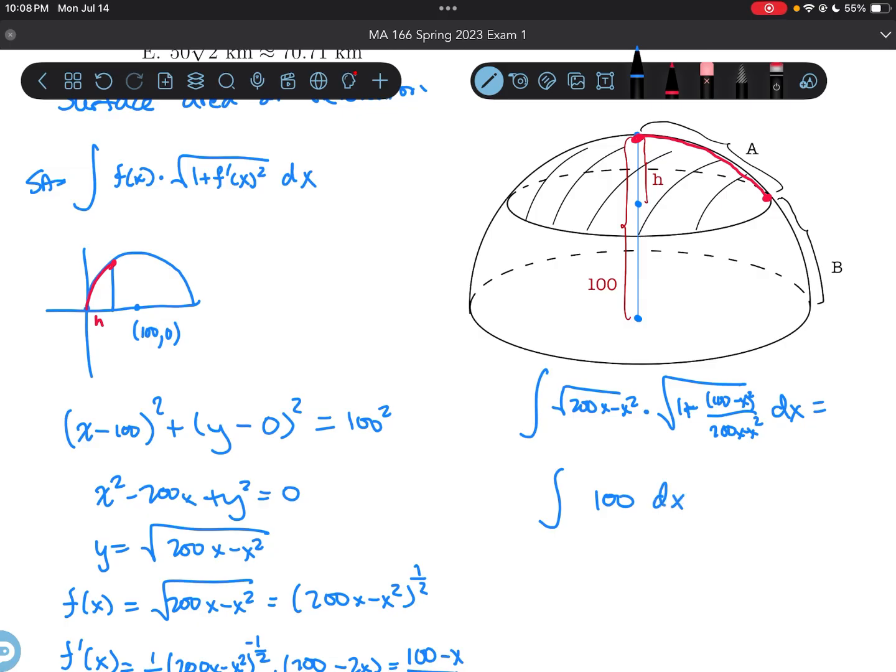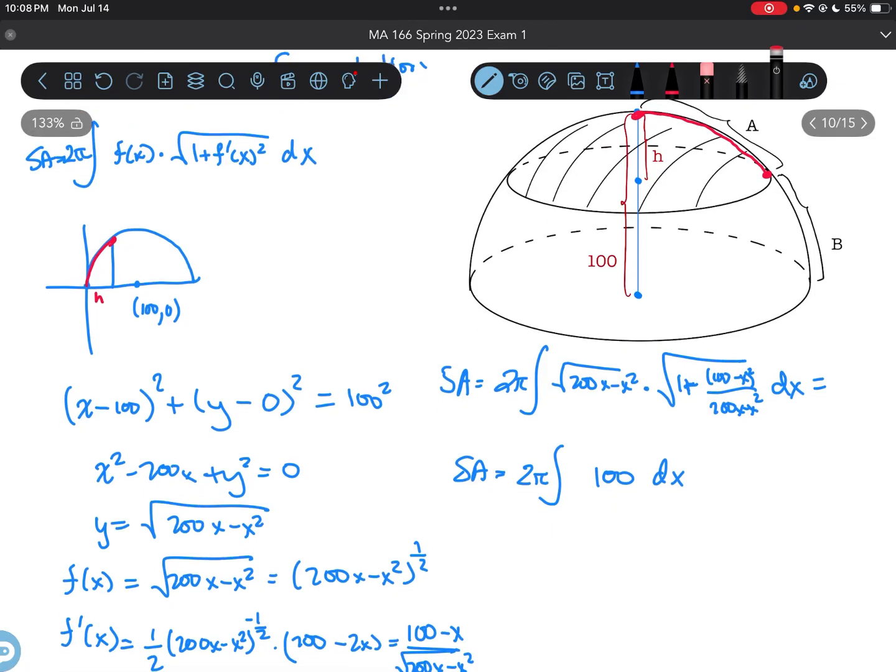And I actually made a small mistake. The formula for surface area is all of this times 2 pi, so I need a 2 pi in front of the integral. At the very end I will give a quick explanation of where this formula comes from, though you still have to memorize it because this is not something you can derive on the spot.